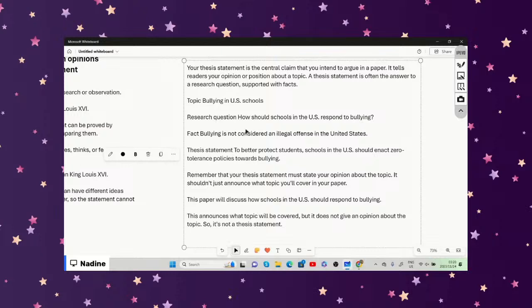And then the fact is that bullying is not considered an illegal offense within the United States.